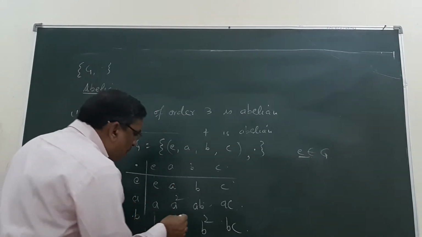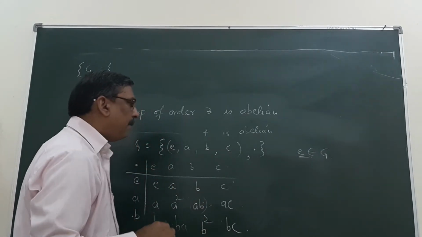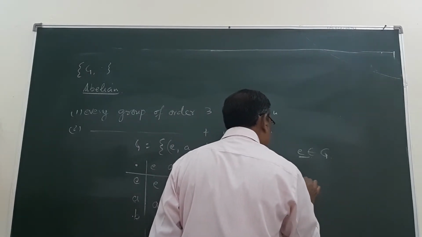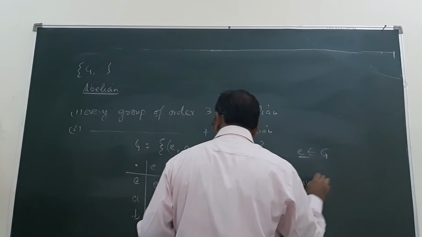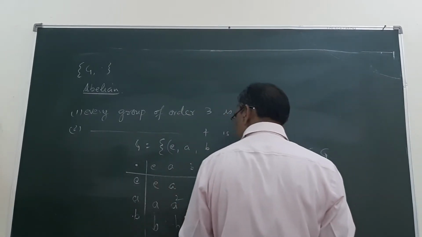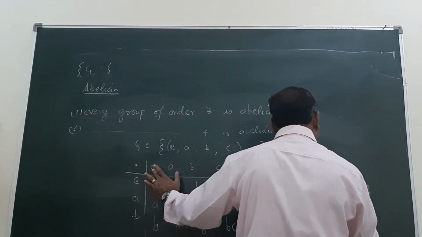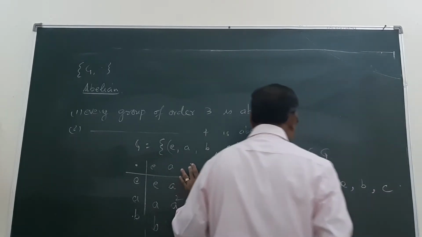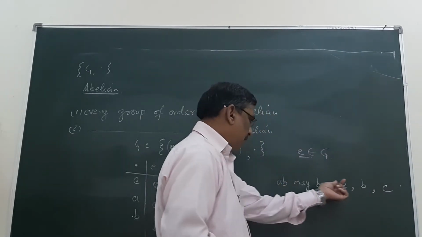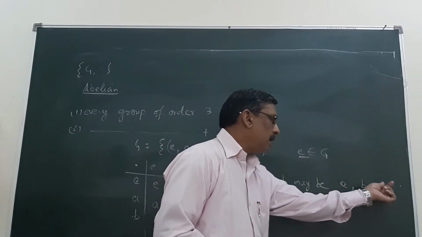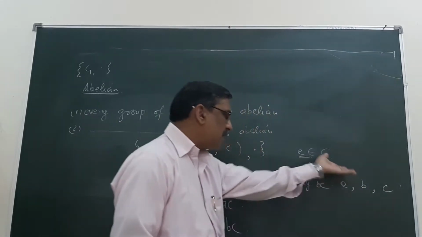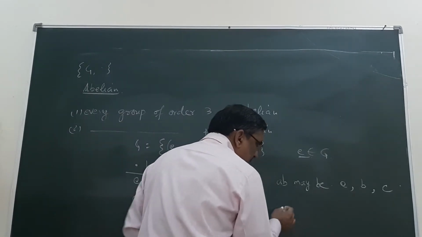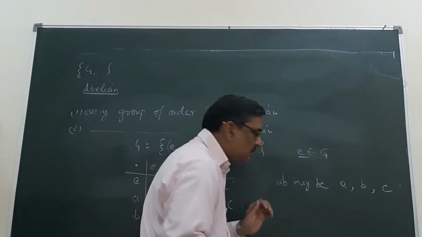So let us focus on this element ab. ab may be e, b or c, any one of these three. So let us evaluate the possibilities.